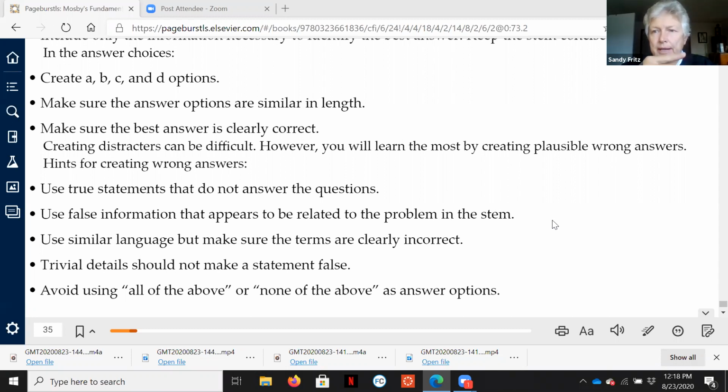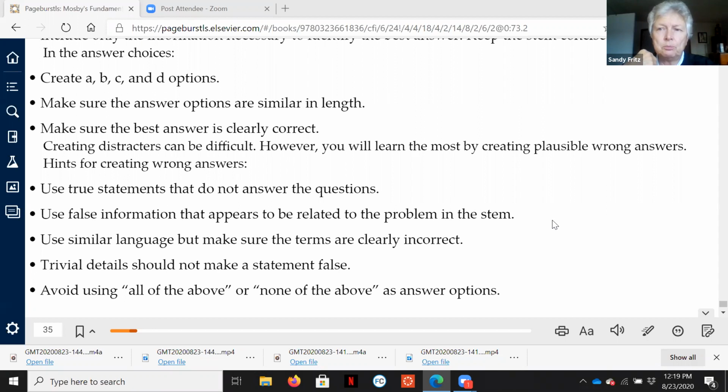So by pairing a location with a factual nugget, a bone name, I can make it wrong because I can put that bone in the wrong location. Use similar language, but make sure the terms are clearly incorrect.